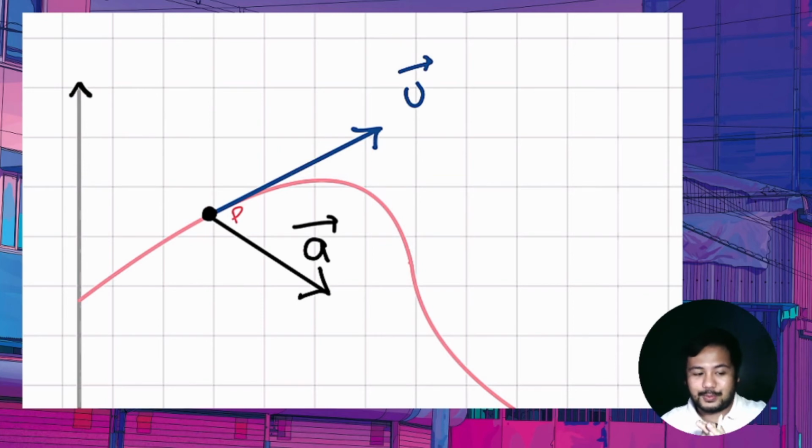For all we know, we have to make an axis with respect to our velocity vector v, because these two accelerations will be dependent on v, wherein it is perpendicular to v or tangential to v or parallel to v.